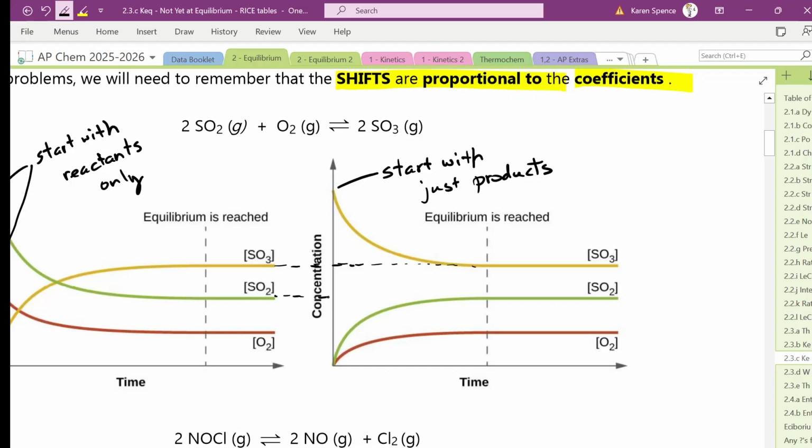The SO2 ends up at the same concentration. The O2 ends up at the same concentration.